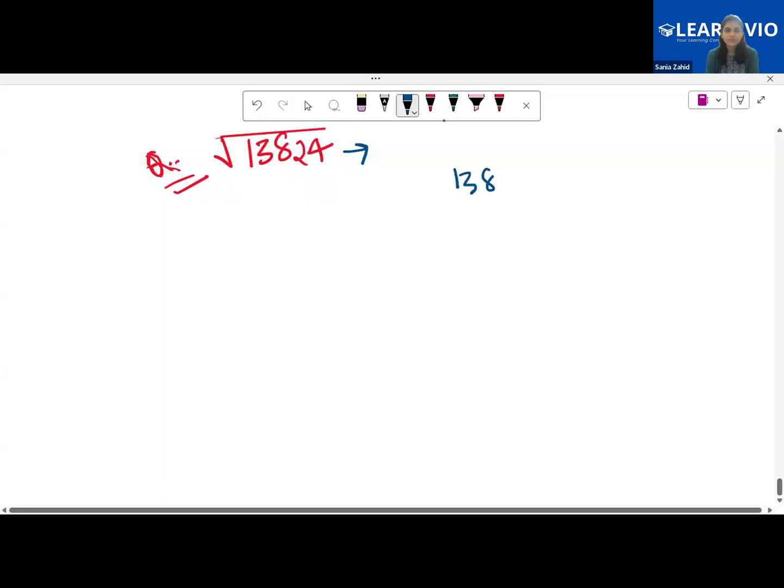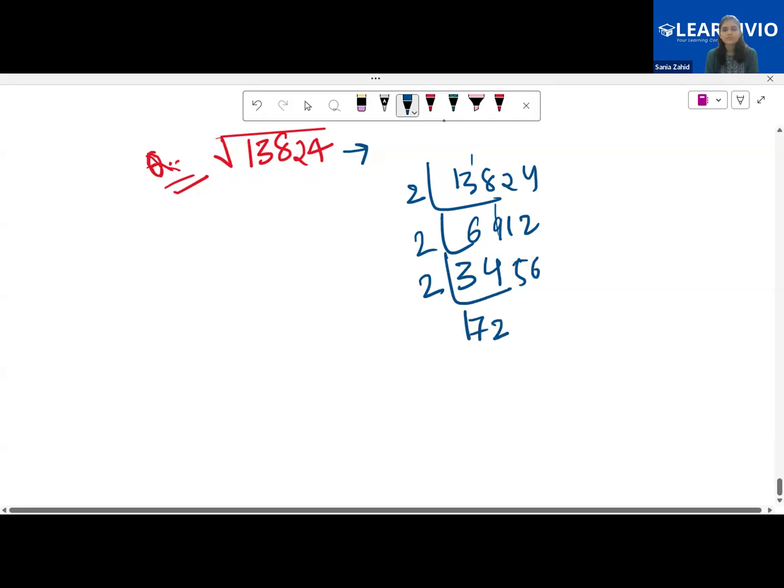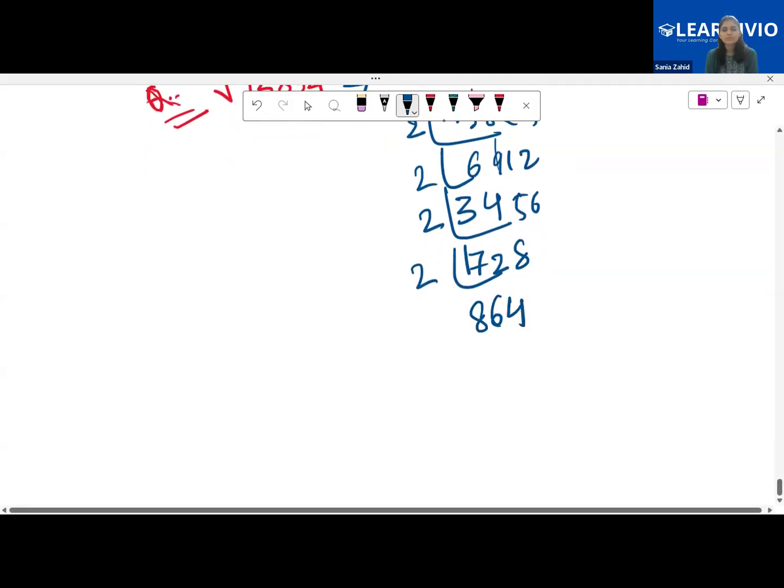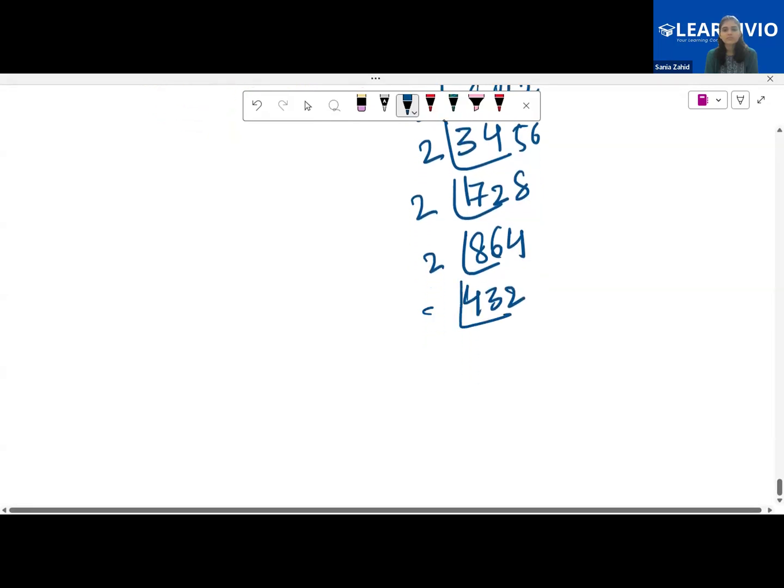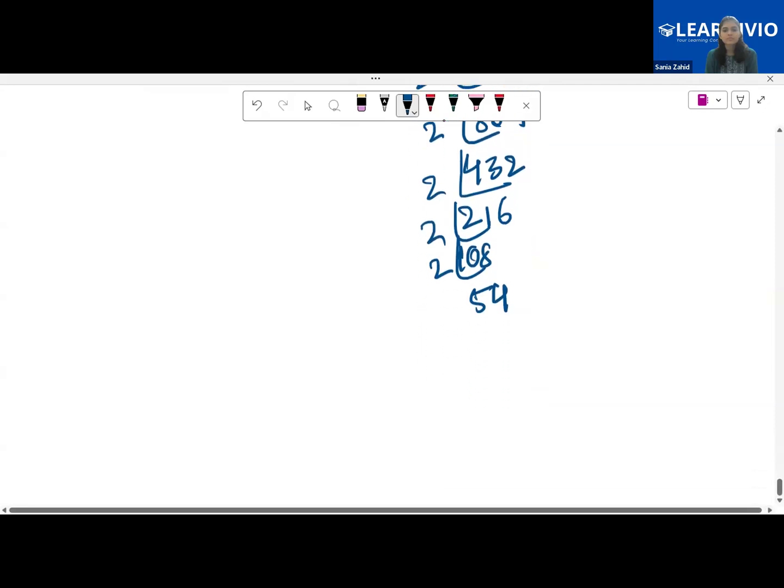Not a perfect cube, my mistake. First by 2. 6912. Now 108.